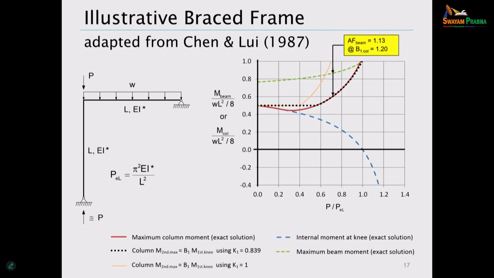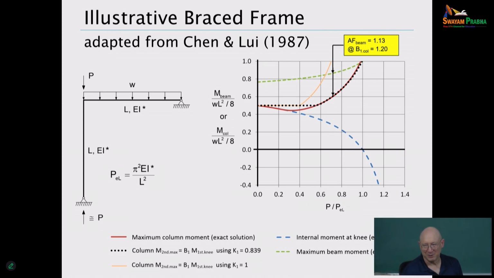So the B1 equation, basically what we find is until we get out a little bit larger than P over PL of 0.5. So I'll use my mouse here to try to point. So right around here, up to that point, we're basically saying you just take your first order moment at the top of the column and you use that as your estimate of your maximum second order moment.